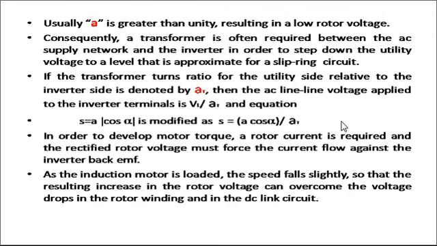If the transformer turns ratio for the utility side relative to the inverter side is denoted by small a t, then the AC line voltage applied to the inverter terminals becomes VL upon a t, and the equation which was previously S equal to A modulus cos alpha is modified as S equal to A cos alpha upon a t.